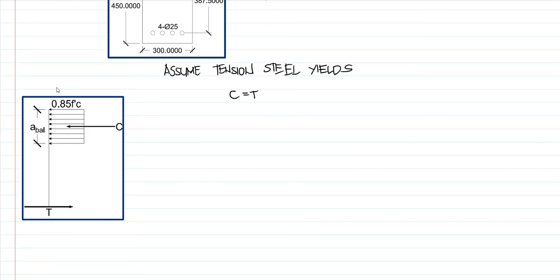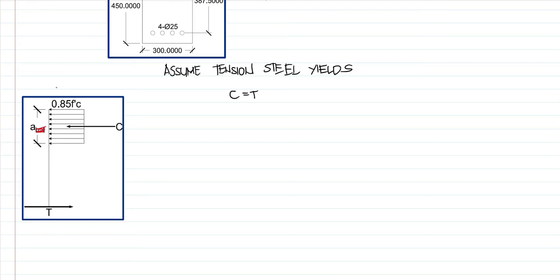So, we'll disregard the A balance here. This is just A. Syempre, yan yung depth of compression block. So, for this one, ang ilalabas na sa atin ng static equation na to is just a theoretical value for our depth of compression block kasi i-validate pa natin kung totoo yung assumption na tension steel yields.